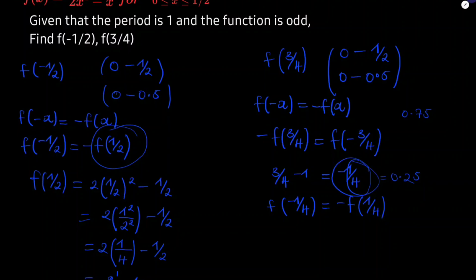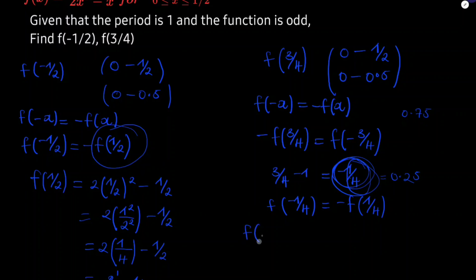That is why we can use minus 1/4 like that. If we were not told the function was odd, we could not substitute it like this, because this will give us minus 0.25, and minus 0.25 is not in the range. That is why we're told that the function is odd. So since the function is odd, we can use it like that.